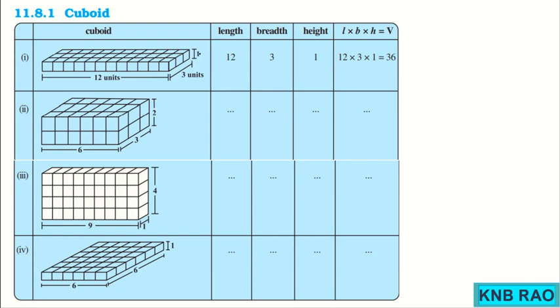Can you count the total number of unit cubes present in this cuboid? Obviously it is 12 in one row, and I have 3 rows. In total I have 12 into 3, 36 unit cubes.